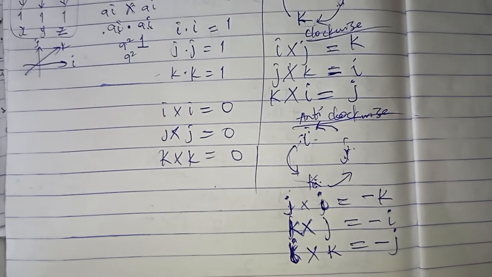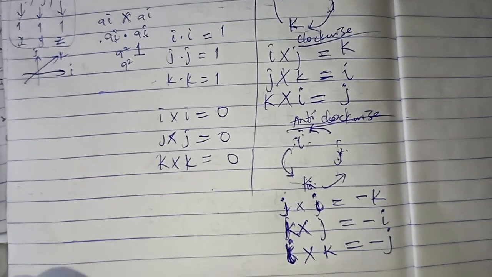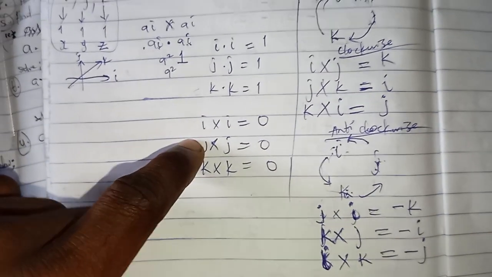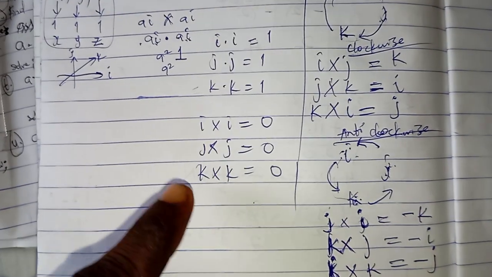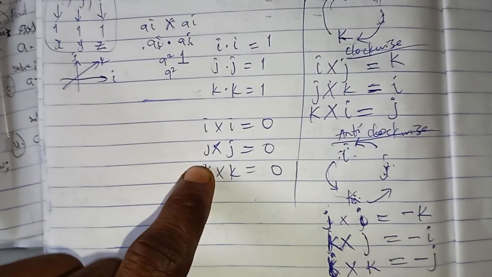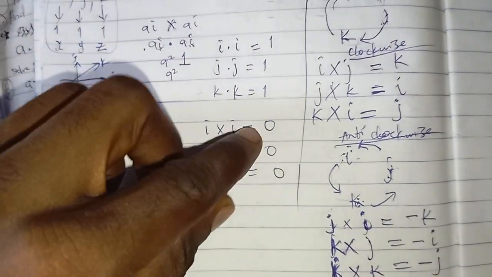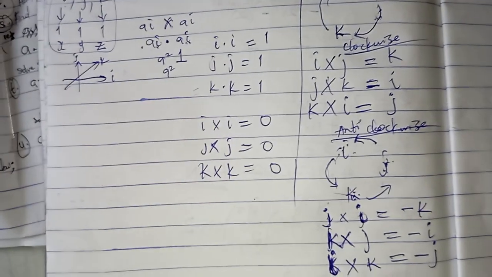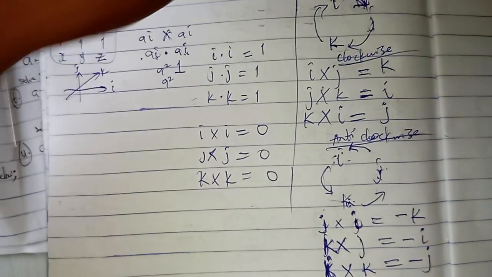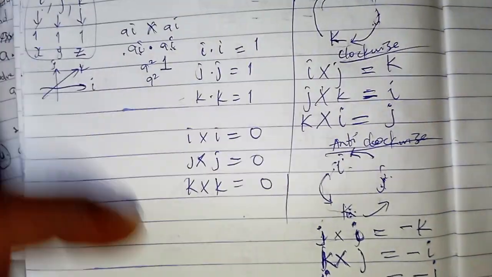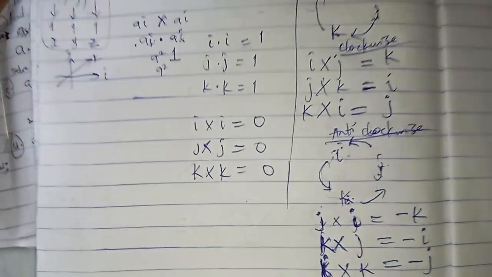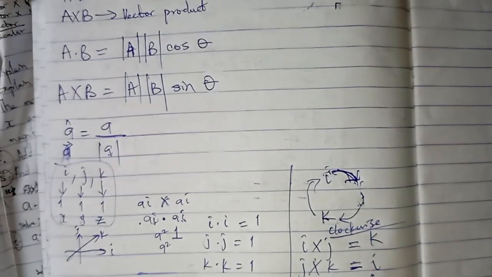So if I know this, it simply means that I cannot have this happen. That is why every cross product always comes back with the i, the j, or the k, because the same unit vectors don't cross. We normally use matrices or determinants to find this. We'll see those kinds of questions, but just understand this now. That's the difference between cross product and dot product.